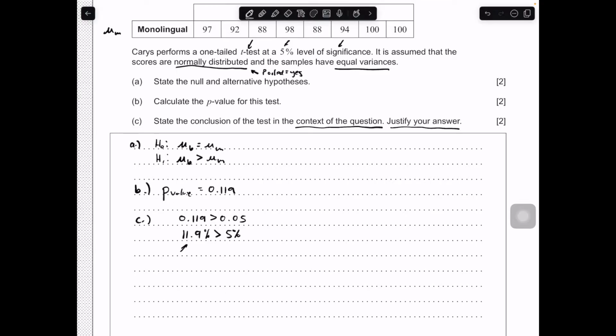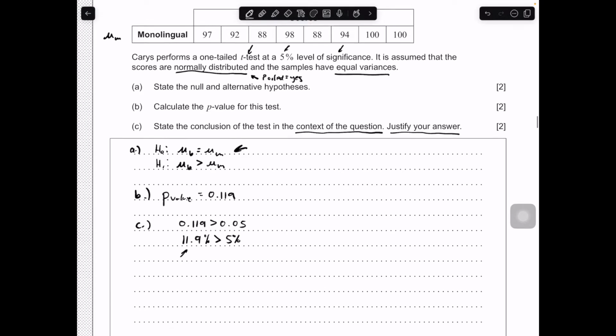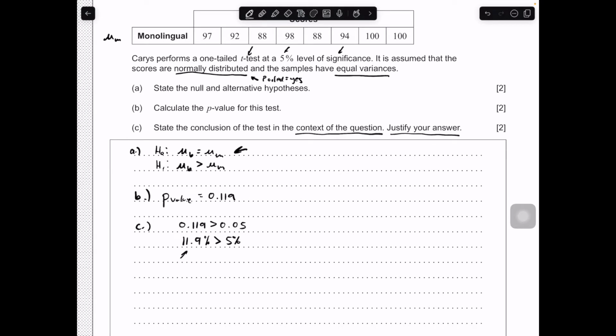going on. It's not enough for us to reject the idea of the null hypothesis, the idea that both of these values are just the same. With 11.9%, we're going to see these results just based on probability alone.